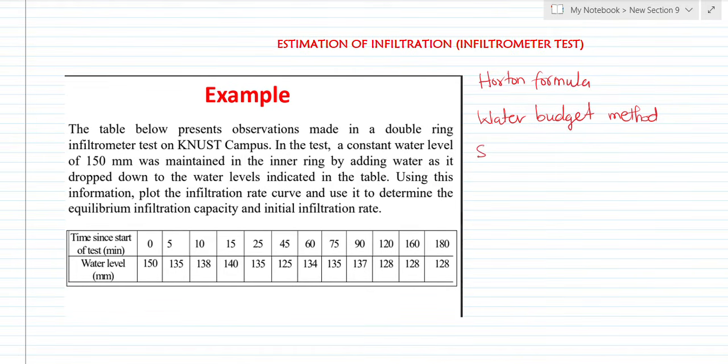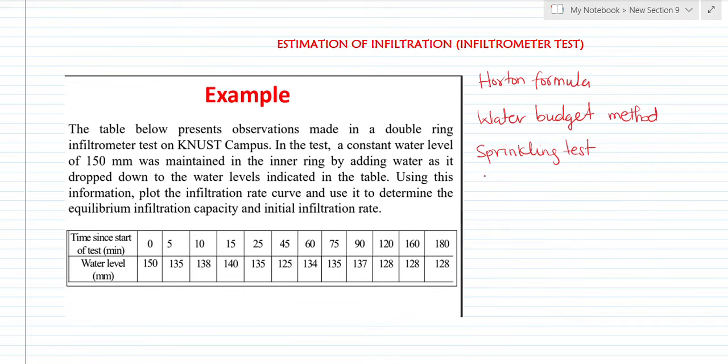We can use the sprinkling test, a lab experiment where we replicate the whole process that happens when it rains.